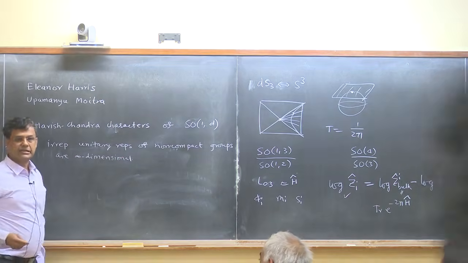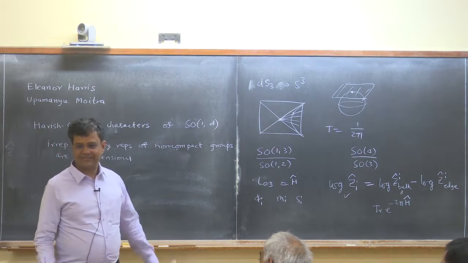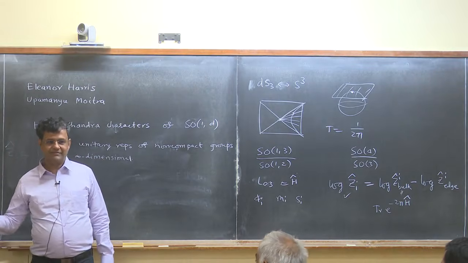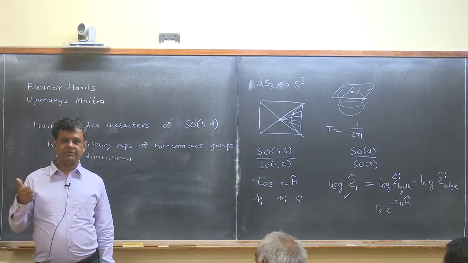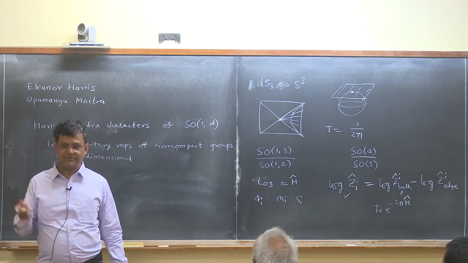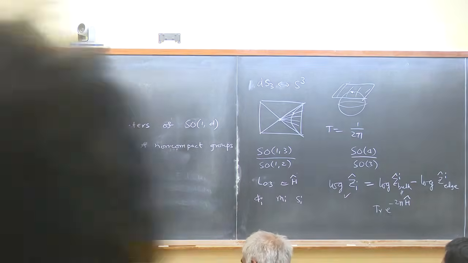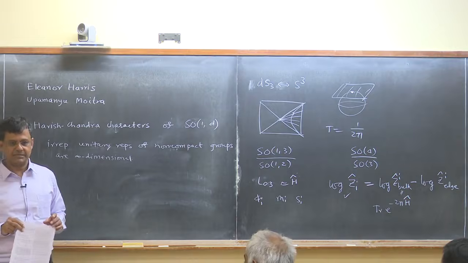So there are all kinds of subtleties, because the trace of 1 is well defined in a finite dimensional space, but it's not well defined in an infinite dimensional one. So which operators are trace class? I mean, for which operators can you define a trace? How do you define the trace? What measure do you use? Things like that. There are all these kinds of subtleties which were resolved by Harish-Chandra.